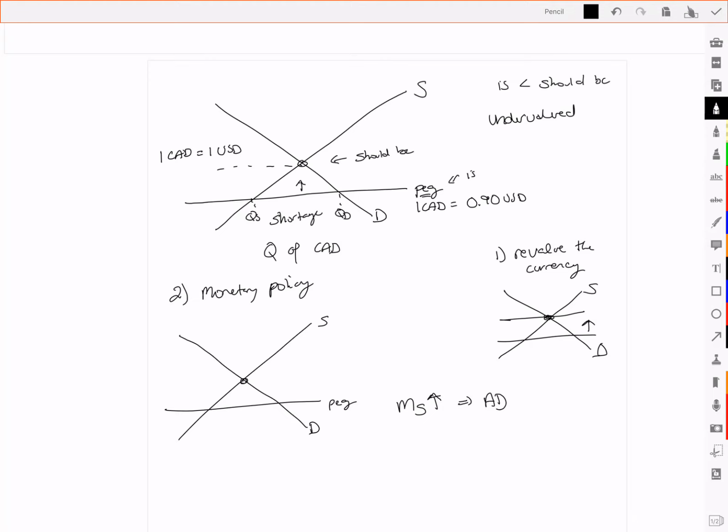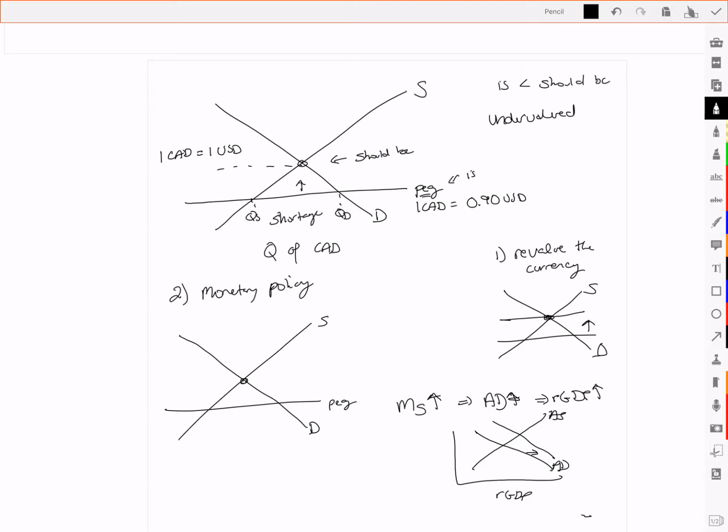If we increase the money supply, so more cash in people's pockets, then aggregate demand will go up. And when aggregate demand goes up, so here's aggregate demand, here's aggregate supply, here's real GDP. If aggregate demand increases, then real GDP does what?